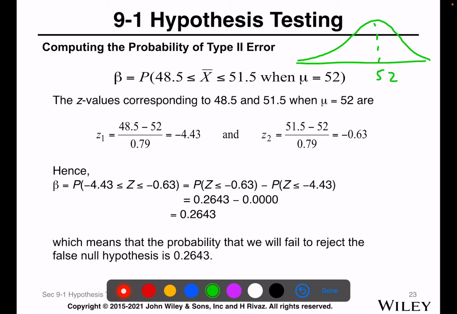My population has a mean of 52, because the question says mu is 52. But my null hypothesis says that mu is 50, and based on that, I have calculated this range between 48.5 and 51.5. So this range is here, 48.5 and 51.5.